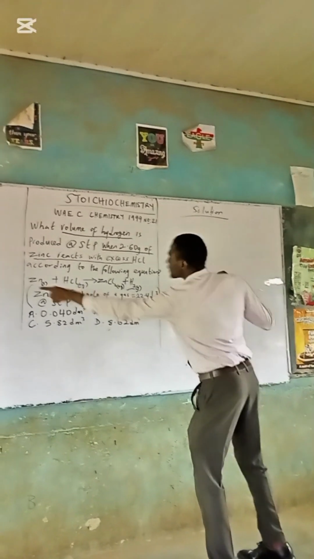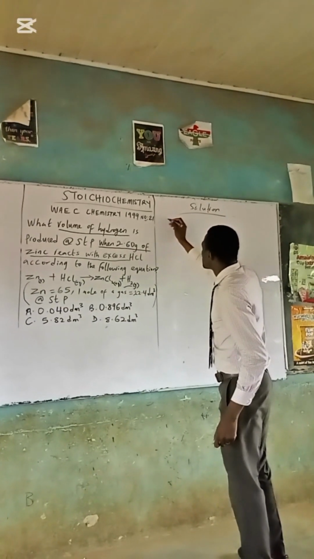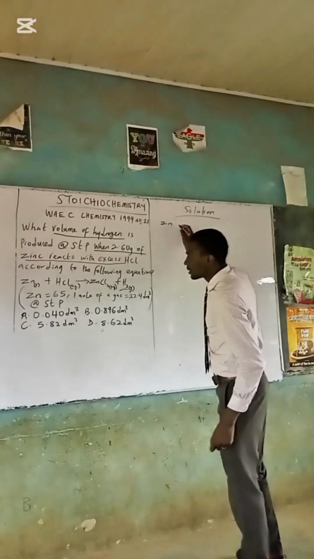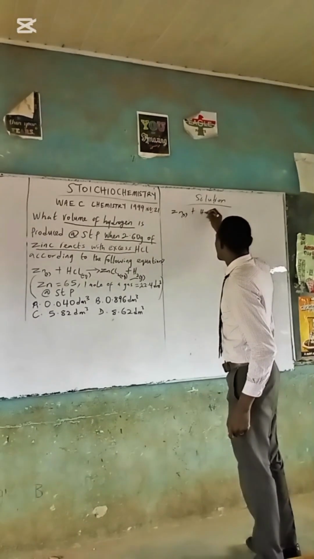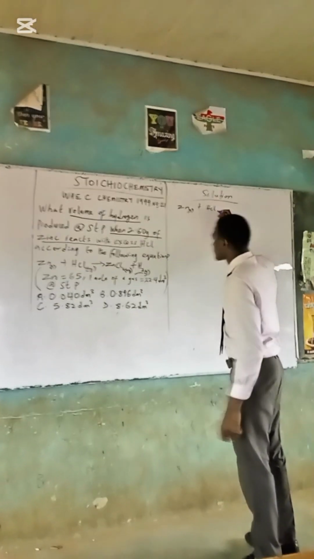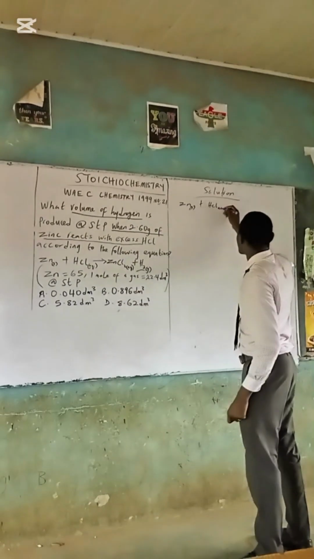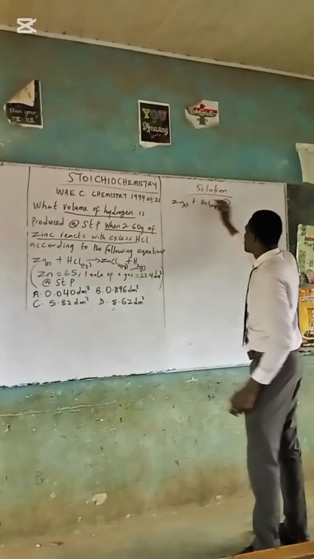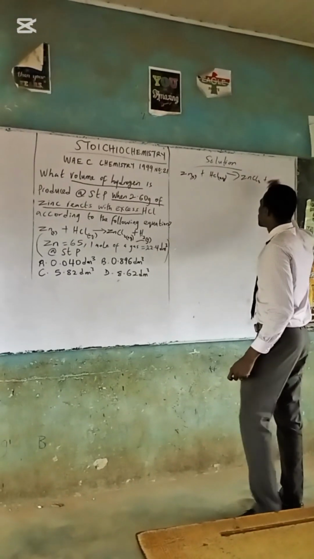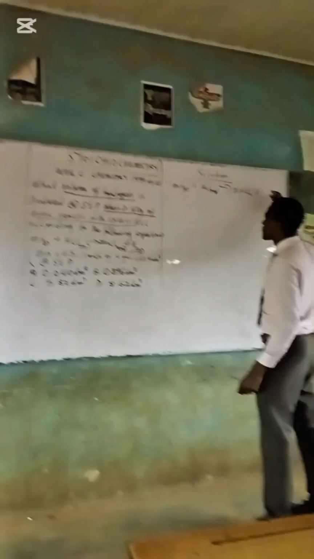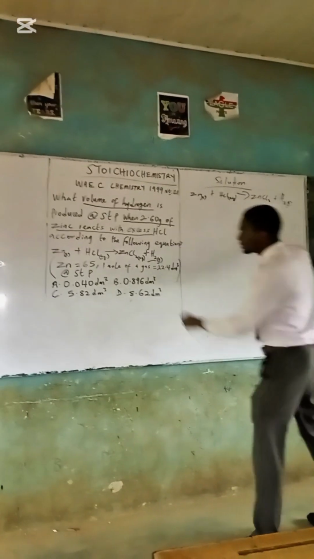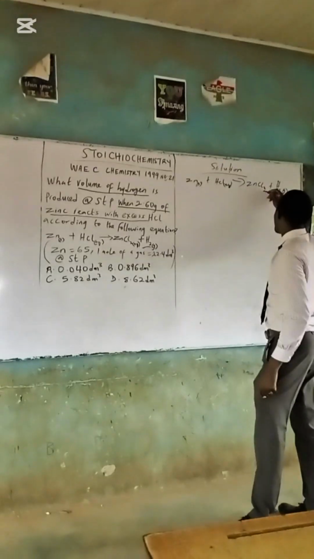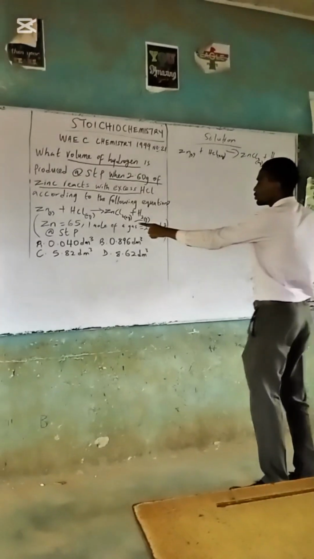Now, zinc solid plus HCl, that is aqueous, to give us zinc chloride plus hydrogen gas. Zinc chloride is also aqueous here. So we are following the equation.